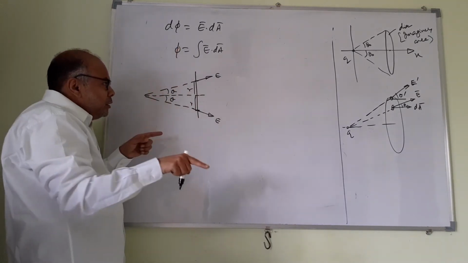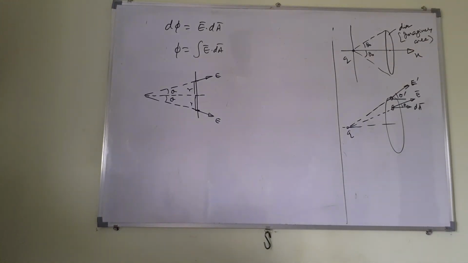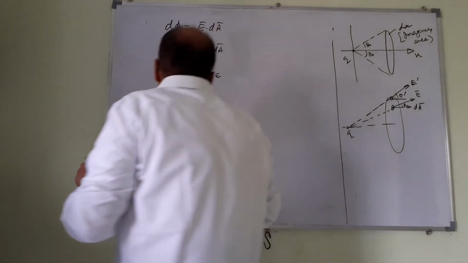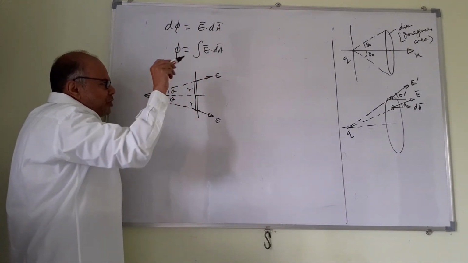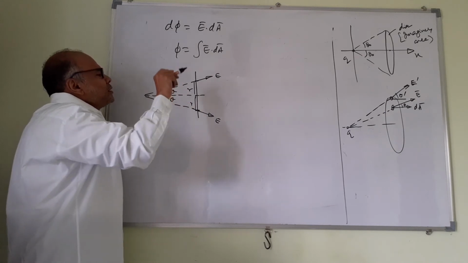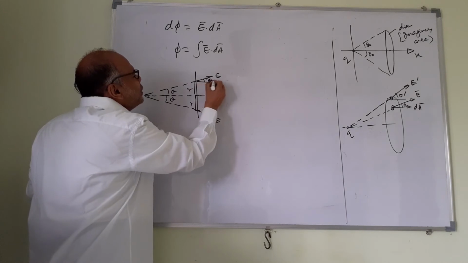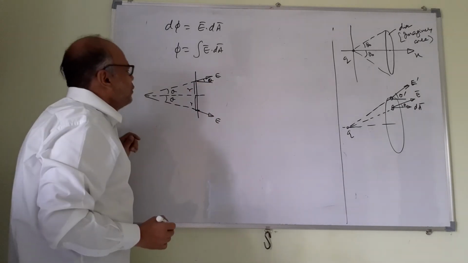Everywhere on the circle of radius r, the magnitude of E would be the same. So we say there is what is known as circular symmetry. If you take a circle of radius r, everywhere E and the angle theta with the x-axis is going to be the same. So that would simplify matters.